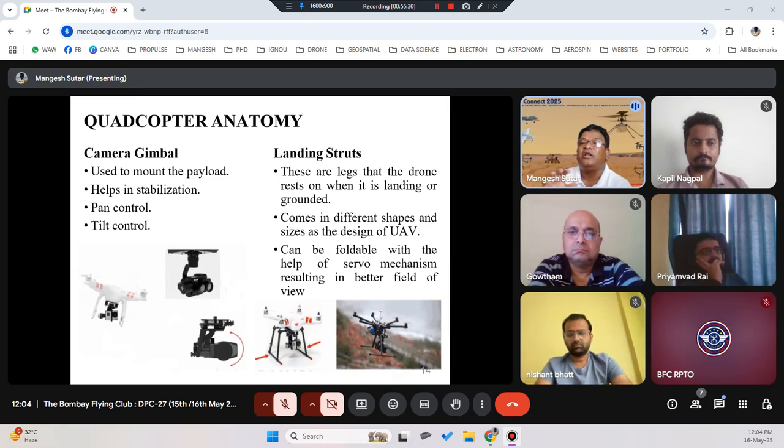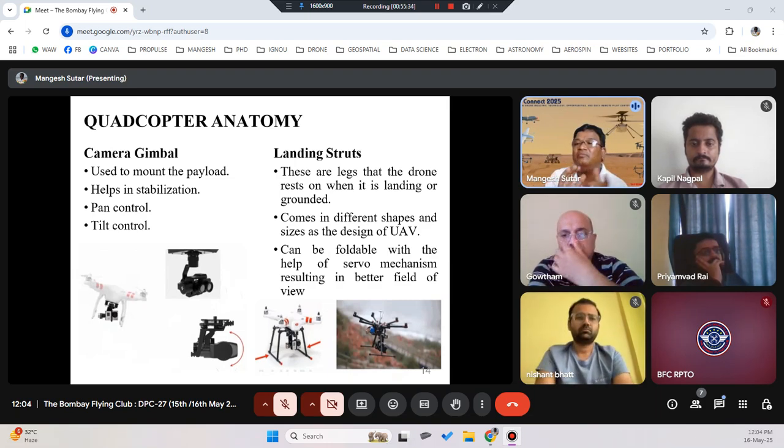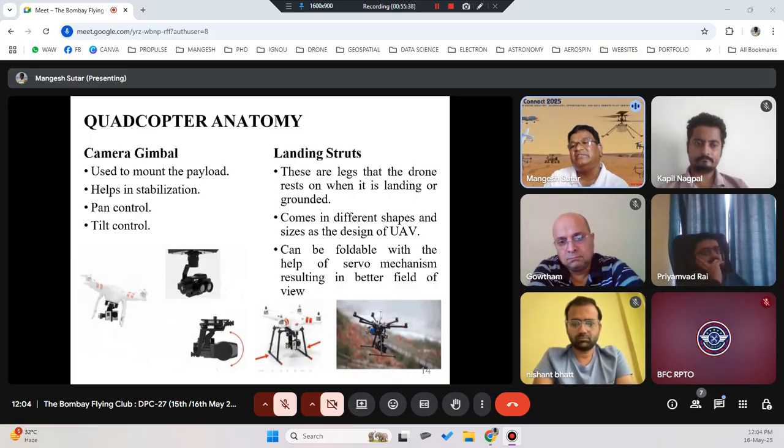So there are two people actually controlling the drone and the camera. The same can be done by one single person also, but then you are performing two activities at the same time, which will be very difficult.